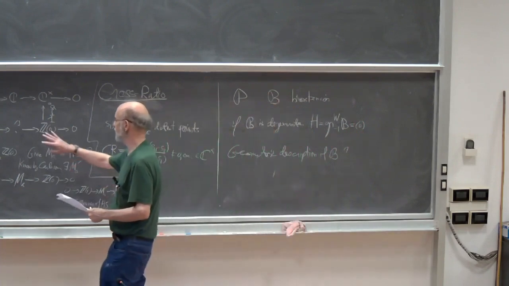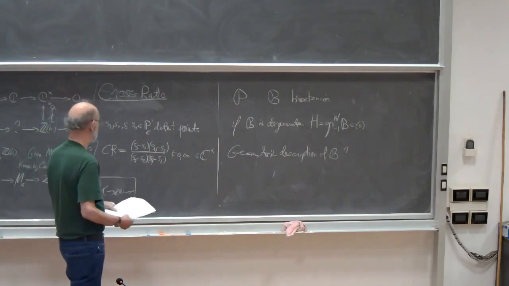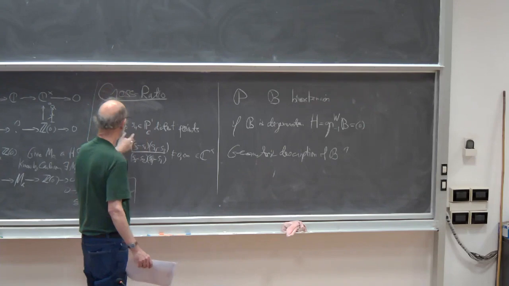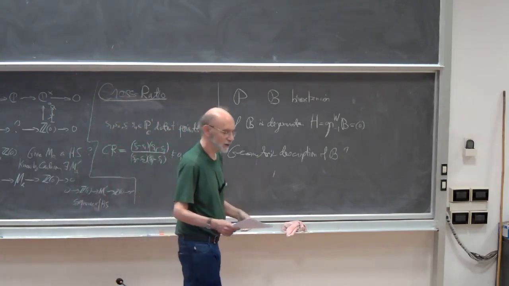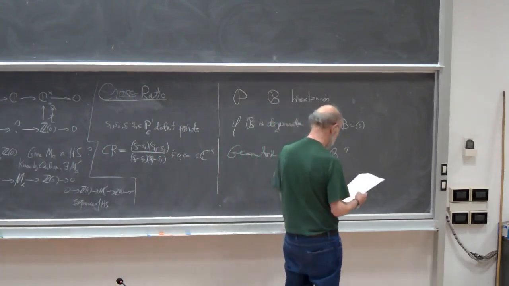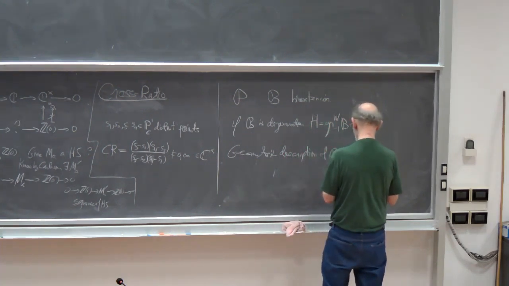I mean, I've kind of set things up here. You naturally expect that it's going to have something to do with 4 tuples of rational objects on the projective line. And indeed, it does. So how do I explain that to you?